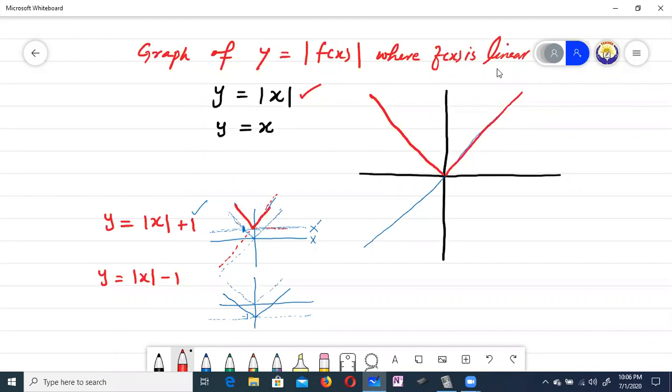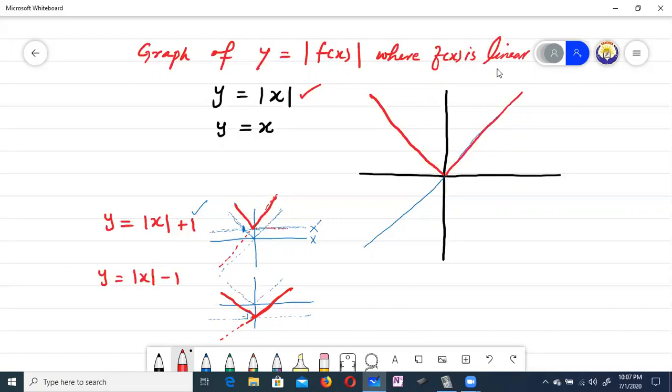As here y is equal to only x minus 1, not modulus, without modulus, only x minus 1 if we are taking, then graph of x minus 1 is this line. Then below this new x-axis, the translated one, we will not draw, and we have to take the image of that one upper side, at the positive side of the y-axis. This is the way to draw the graph of modulus functions.